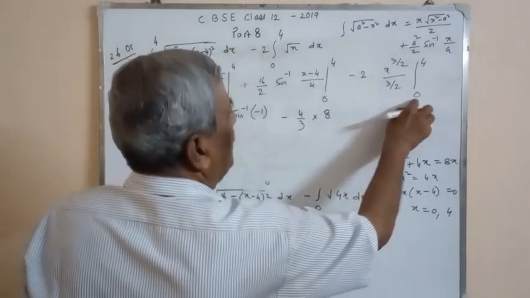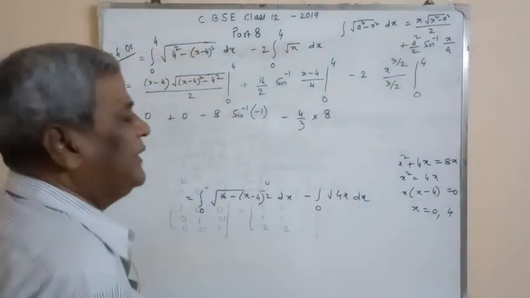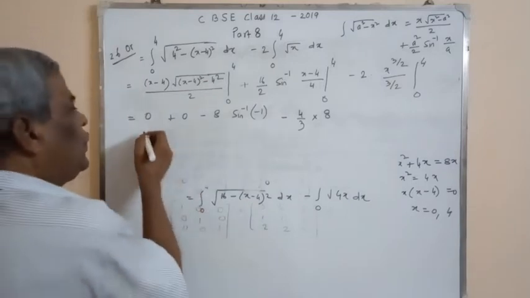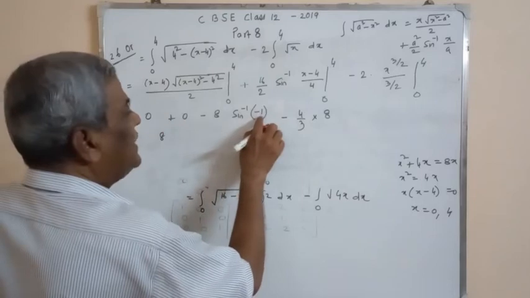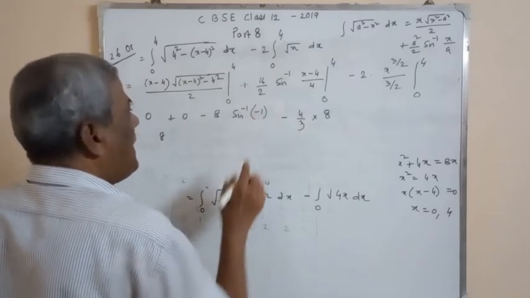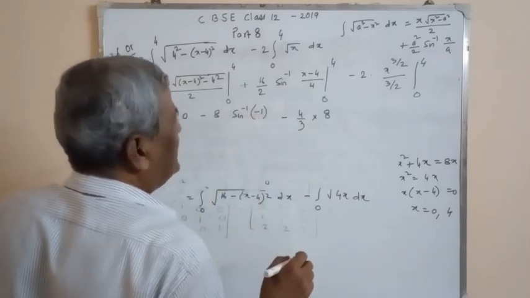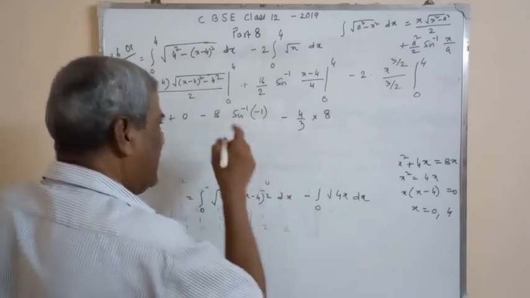And when I put x is equal to 0, the lower limit, this becomes 0. So it is equal to 8 sine inverse minus 1, which is minus sine inverse 1, that is pi by 2, minus pi by 2.